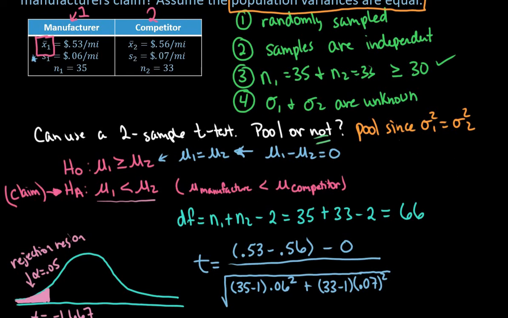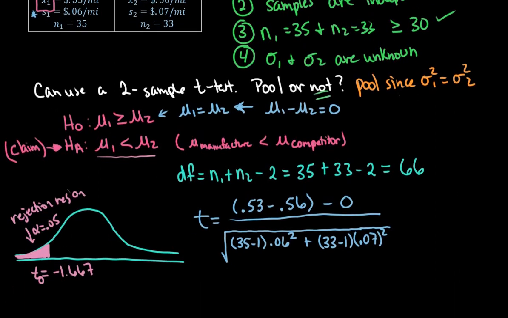And all of this is underneath the radical. And then we're going to divide that by N1, which is 35, plus N2, which is 33, minus 2.